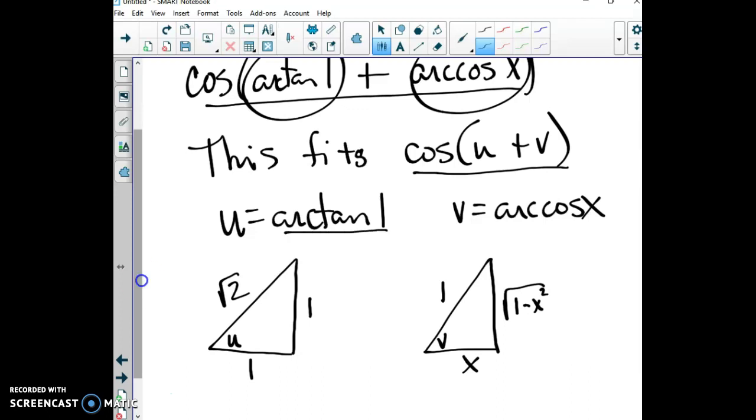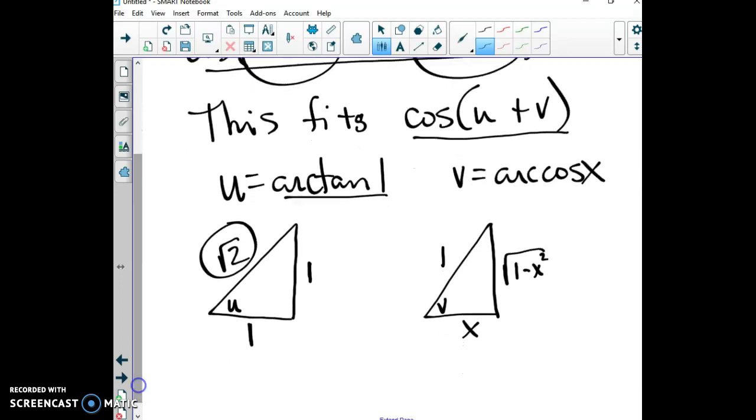We know tangent is opposite over adjacent. We use Pythagorean theorem. We find our hypotenuse to be square root of 2. And likewise with arc cosine x, cosine of some angle v is equal to x. That's adjacent over hypotenuse. And we find the missing side, our opposite side, as the square root of 1 minus x squared.